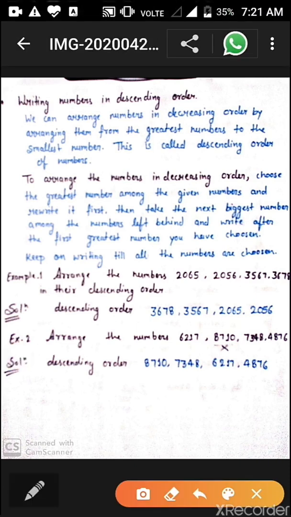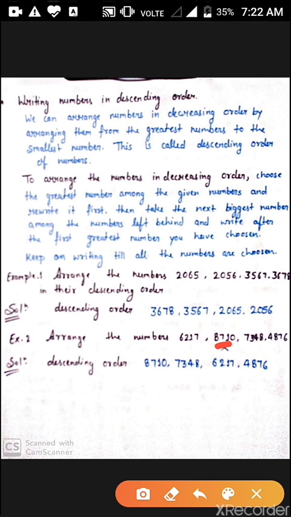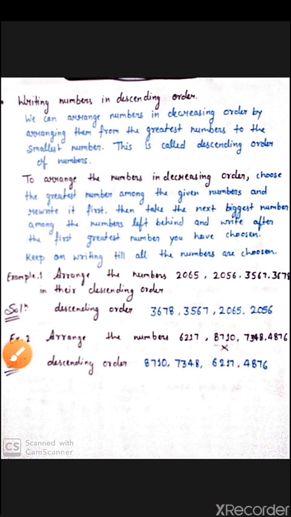Yes, 8710. After this 7348. Okay, after this 6217 and the last one is 4876. So we can see here this is greatest to smallest.